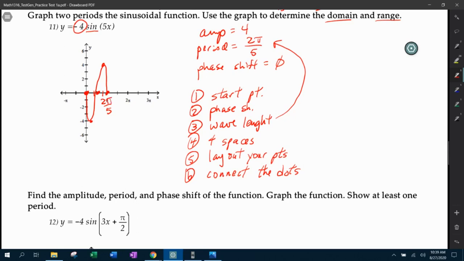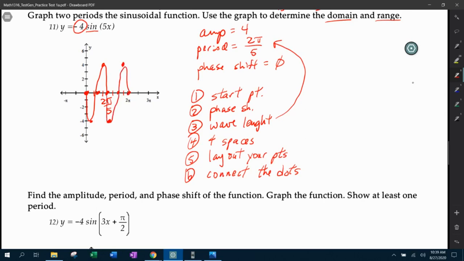Now it says graph 2 periods, so we're going to rinse and repeat, okay? So next hash mark, we're going to go down, up, and down, like so.